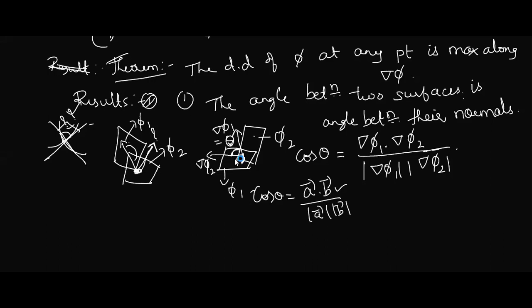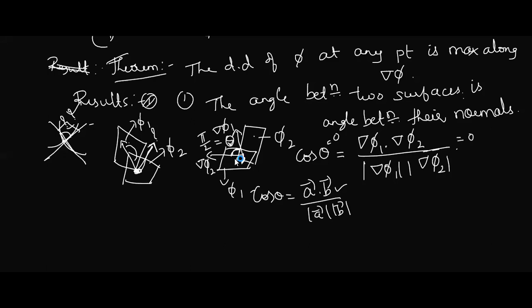Theta is the angle between the surfaces. What will theta be? 90 degrees. That means cos of theta will be what then? Cos 90 is 0. So this is 0, which means this part is 0. This is a particular case.